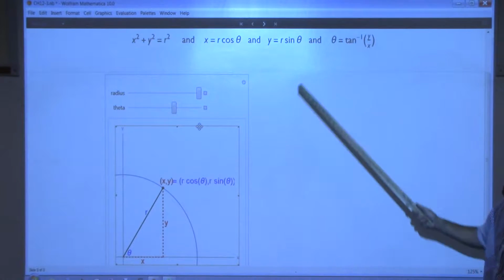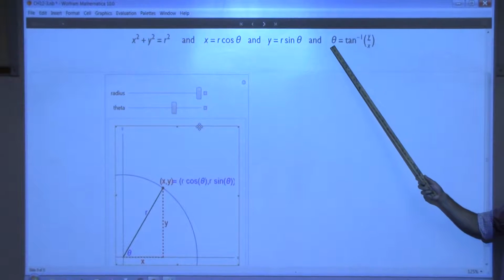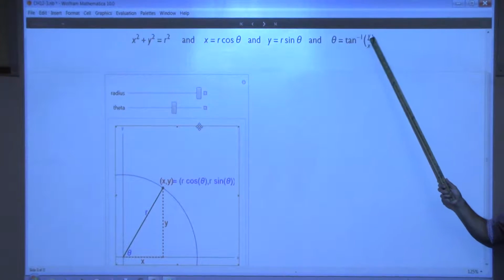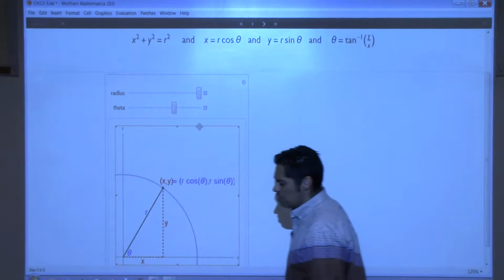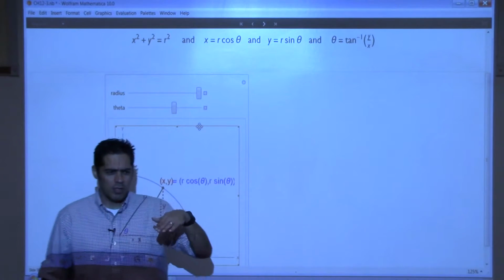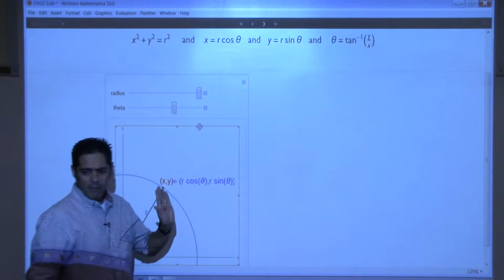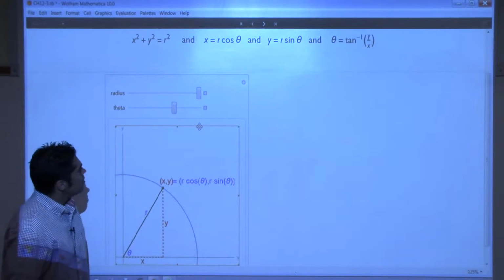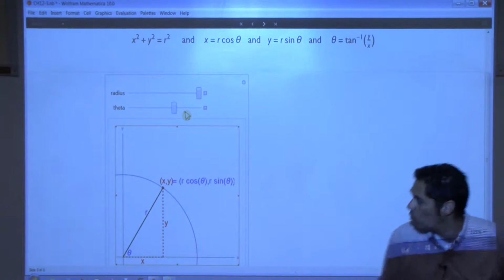And there's one more from pre-cal: if you want to know what the angle is, you can take arctangent of the y coordinate over the x coordinate. And just remember on the arctangent, you have a domain restriction, between negative pi over 2 and pi over 2. So those are the main relationships between Cartesian and polar coordinates.